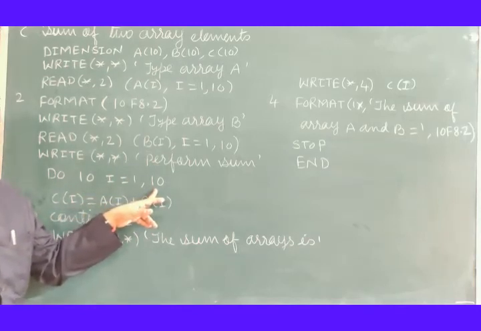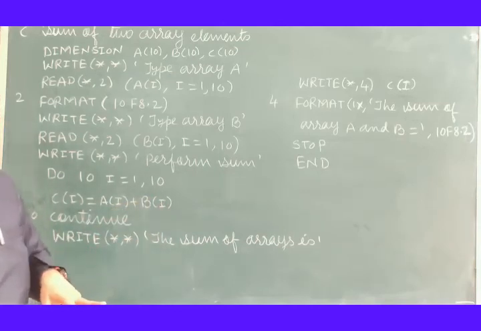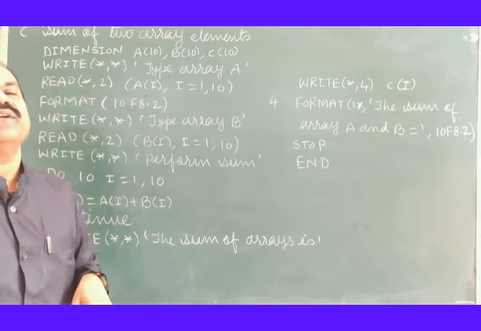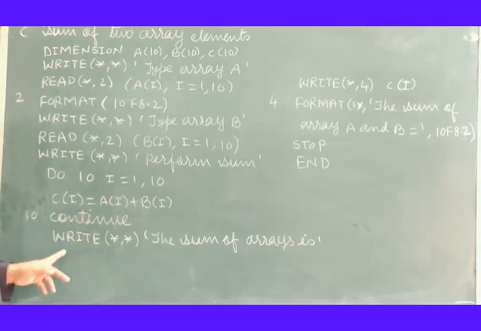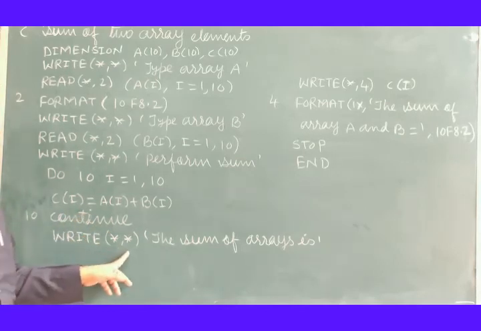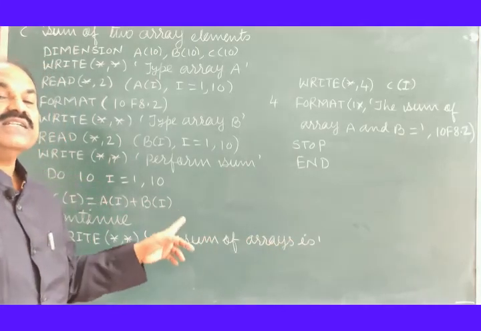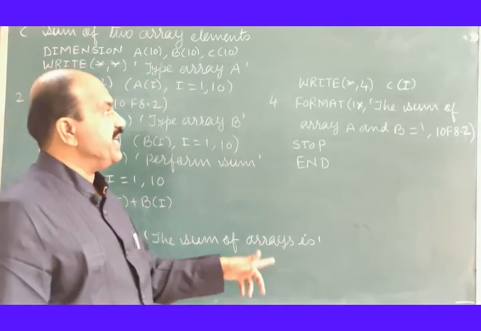It means that the sum of all the 10 elements of array A with the corresponding 10 elements of array B is performed. After that, what do you have to do? Write asterisk comma asterisk, again a comment: the sum of arrays is, that is, the sum of elements of array A and array B is.